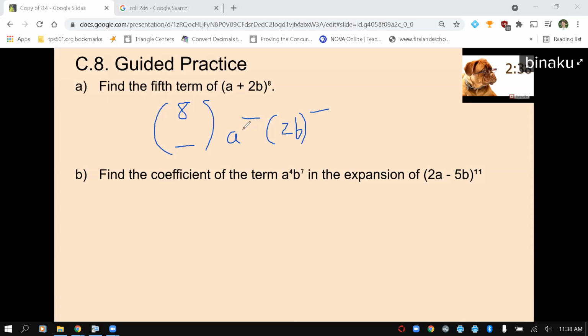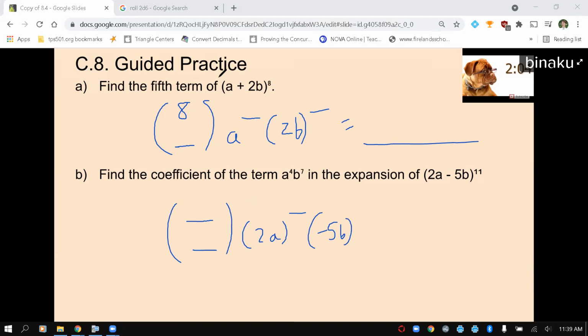You got to fill in those 3 blanks. There's some scaffolding for you.